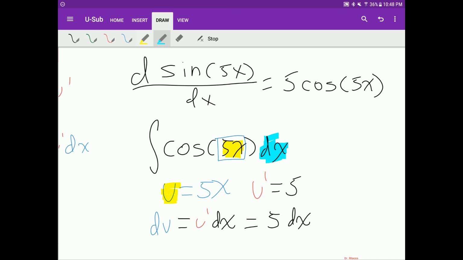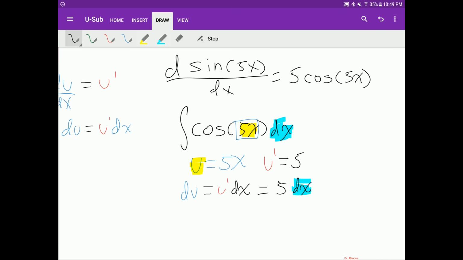And with dx, I'm allowed to bring in or remove constants. So this just gets rearranged a little bit. If I divide both sides by 5, du over 5, or 1/5 du, is equal to dx.